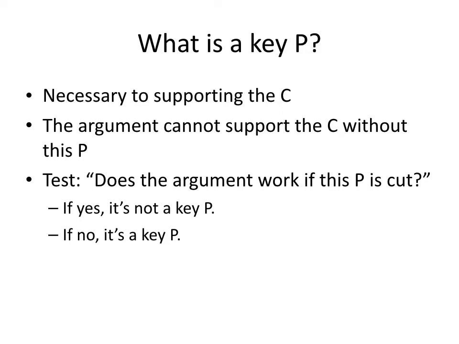And one way to do that is to just go premise by premise and ask, does the argument work if this premise is cut? You can imagine it being cut from the argument. You can draw a line through it, whatever works for you. If the argument will work just as well if the premise is cut, then it's not a key premise. But if the argument can't function if the premise is cut, then it is a key premise.